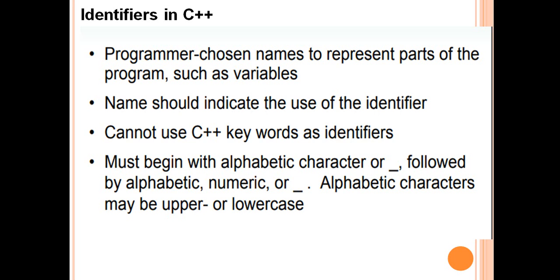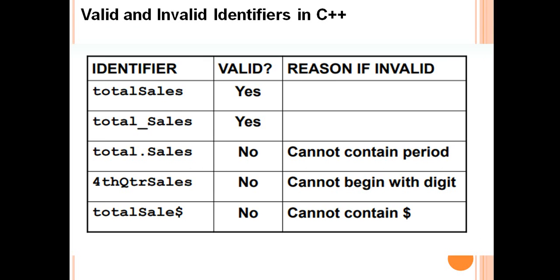Identifiers in C++. Programmers choose names to represent parts of the program, such as variables. Names should indicate the use of the identifier. You cannot use C++ keywords as identifiers. An identifier must begin with an alphabetic character, followed by alphabetic or numeric characters, and may be lower or upper case.